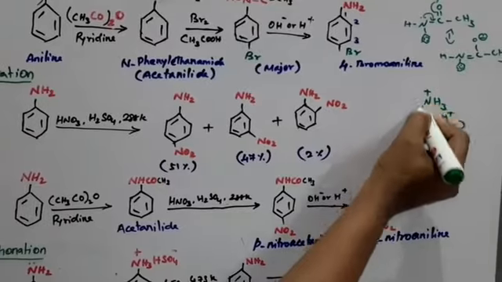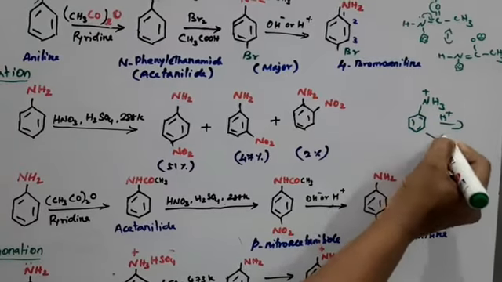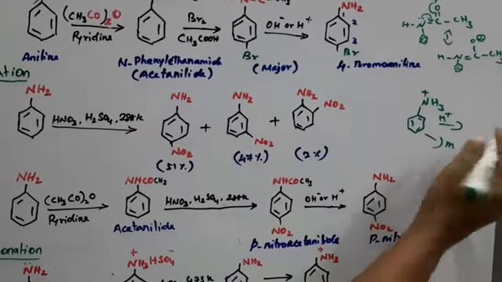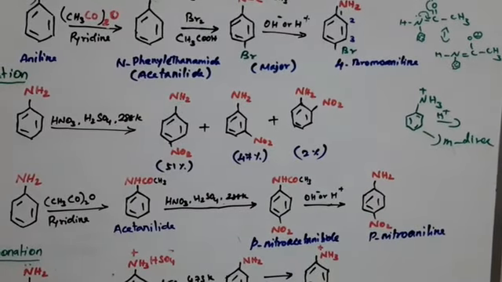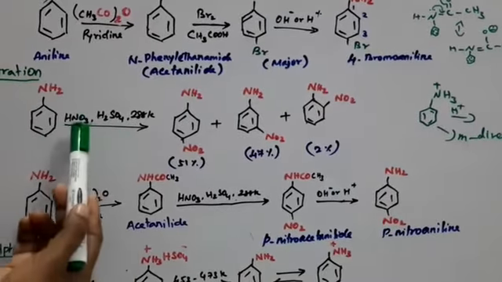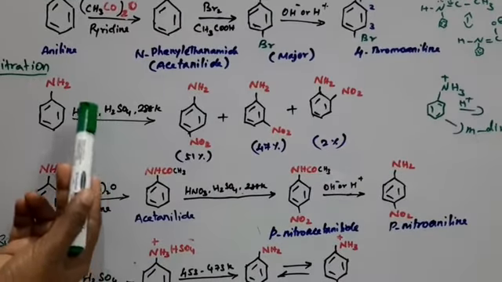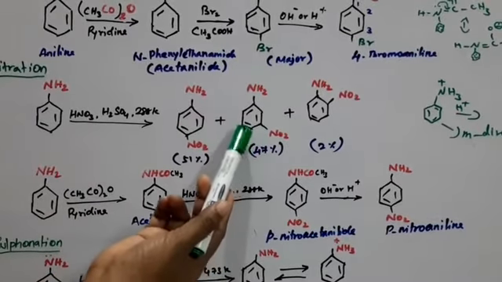So this is your anilinium ion. This anilinium ion is a meta directing group. So with concentrated acid and strong heating, this meta product is also formed.